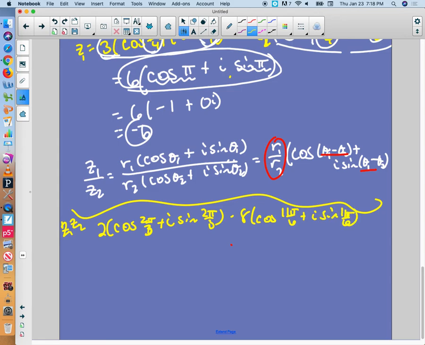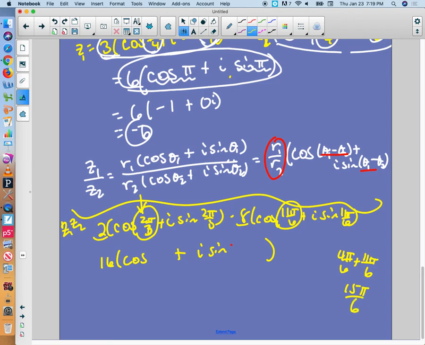So to multiply them, I multiply my radii to get 16, and I have cosine, i sine. Add your angles together, so I need a common denominator. I'm going to call this 4 pi over 6 and 11 pi over 6, which gives me 15 pi over 6, which reduces to 5 pi over 2.